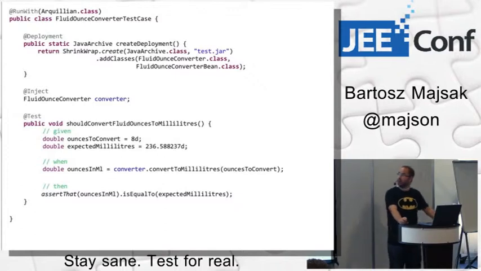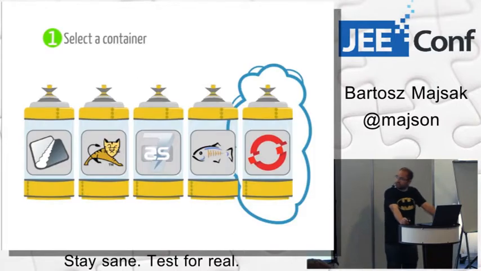So let's have a look at how it works under the hood. So first we select the containers, and we support quite a lot of them. We have 3 different types. The first one is embedded, so it's running within the same JVM. It can be GlassFish embedded, Tomcat embedded, Weld embedded, which is kind of a mocked environment. Then there is another type called managed.